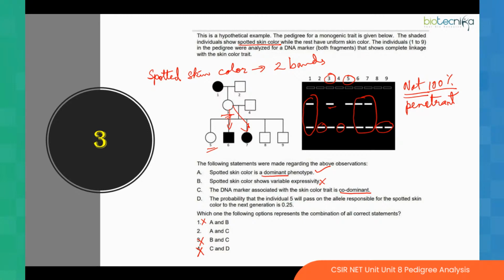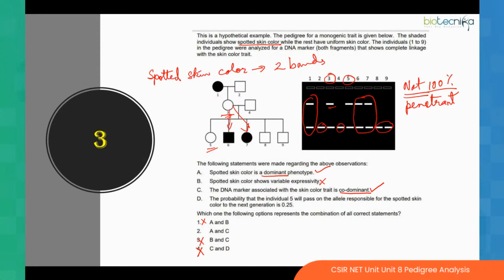Okay, whereas the individuals who have the double bands are heterozygotes here. Okay, so because it is showing different band patterns for homozygotes and heterozygotes, it is a codominant marker. Okay, so C is correct.